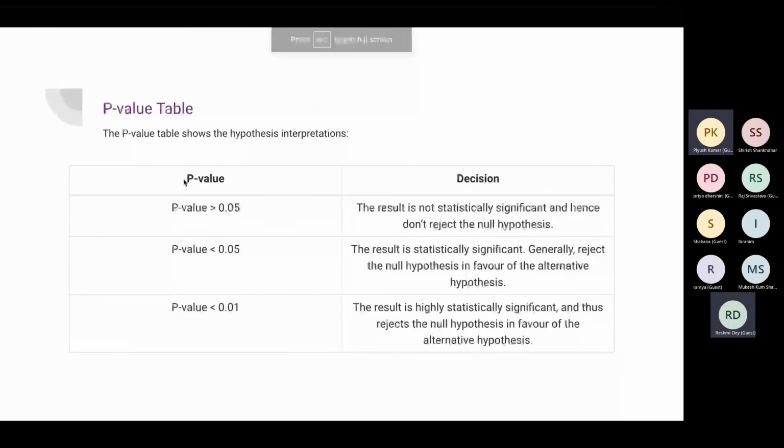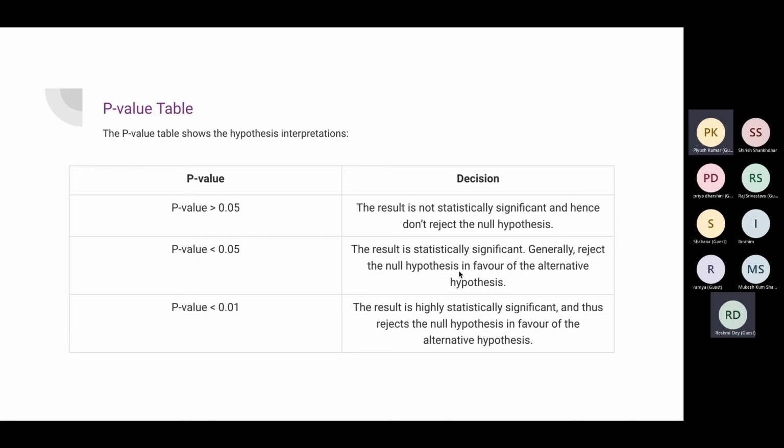This is a table showing the hypothesis interpretations mostly used. A p-value greater than 0.05, that is the 5% level of significance, means the result is not statistically significant, and hence we do not reject the null hypothesis. If our p-value is less than the level of significance, the result is statistically significant.